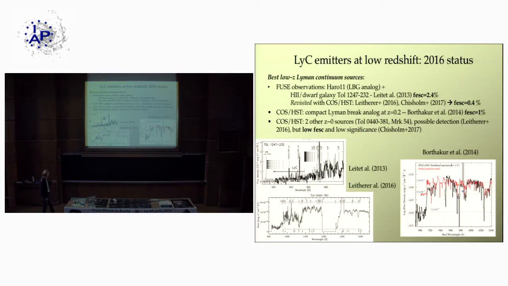And most importantly, sources with escape fractions of the order of 1% or less, which is not what we need to reionize the universe. As we said at the beginning, the average source, if we want to explain cosmic reionization, needs to have an escape fraction of the order of 10% or so.